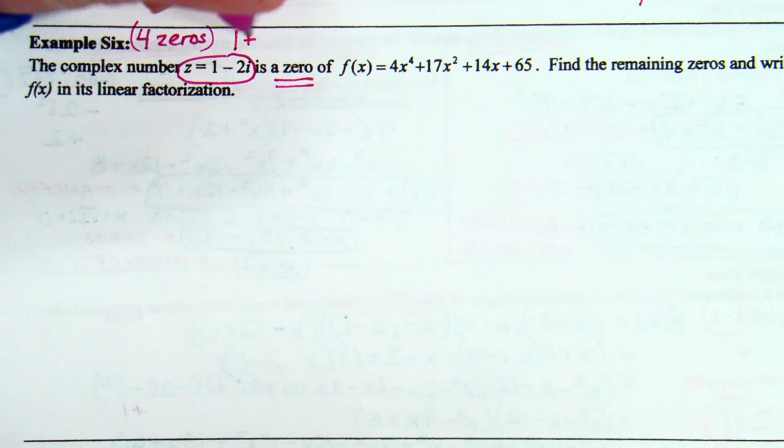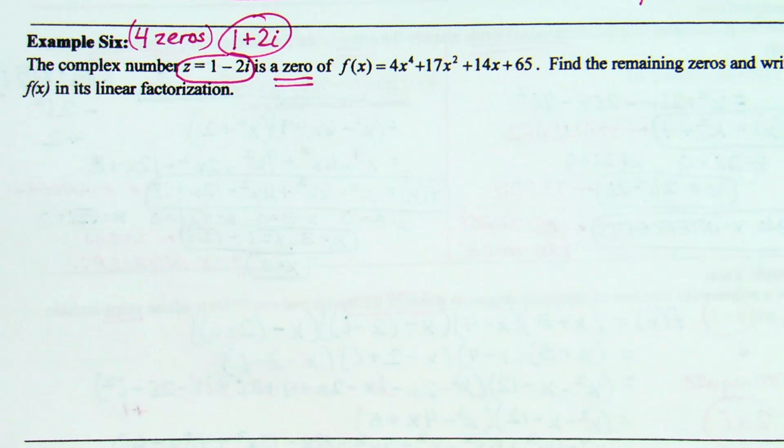So, what do we do once we have a value? Synthetic division. Yes, I love it. Here we go. Now, the 0 they gave me is 1 minus 2i.